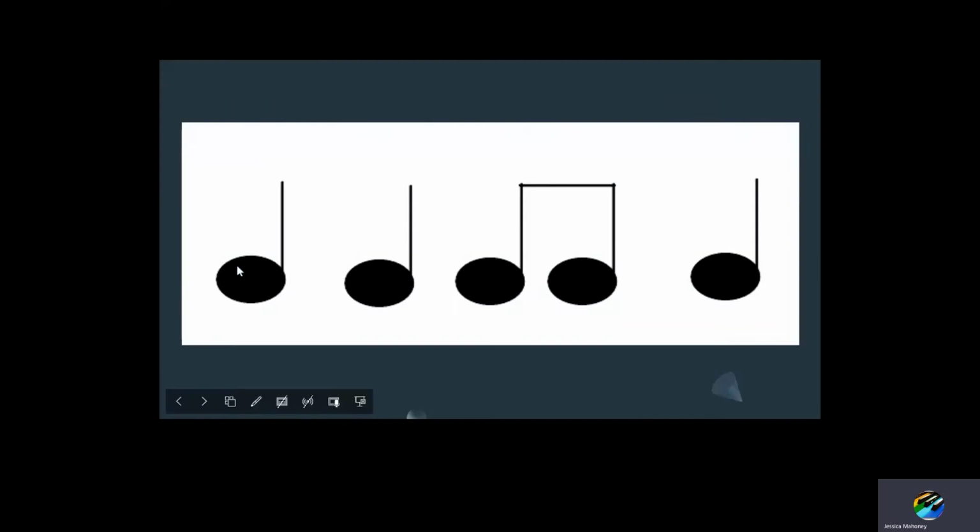All right, let's look at the first one. The first note is a ta. Then we have a ta. Then these 2 together is a ti, and then a ta. I'm going to tap it twice, and then I want you to tap it twice. Ready?